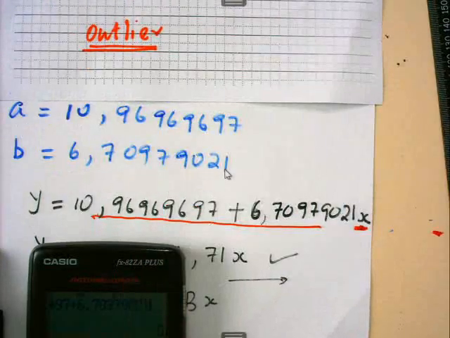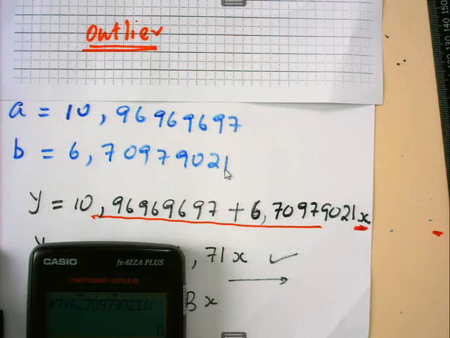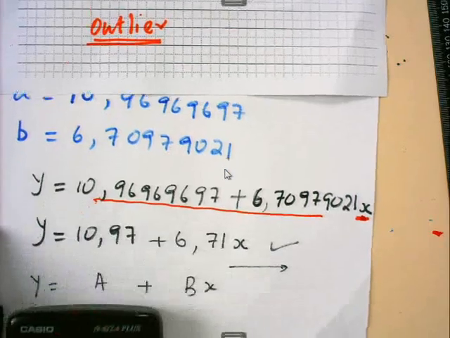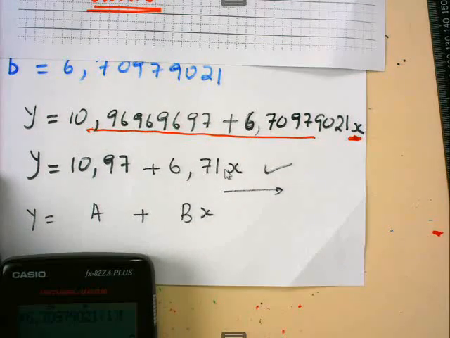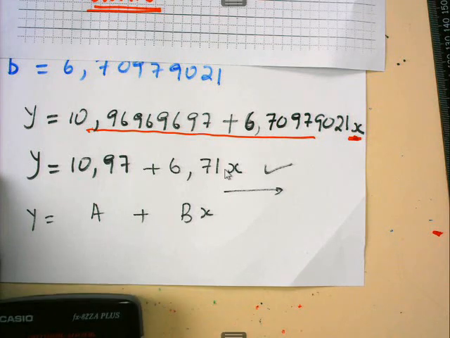Let's substitute 1 for x here. On this calculator we put in brackets 1 for x. We want to check if x is 1, how much will y be, and we say equals. Good.